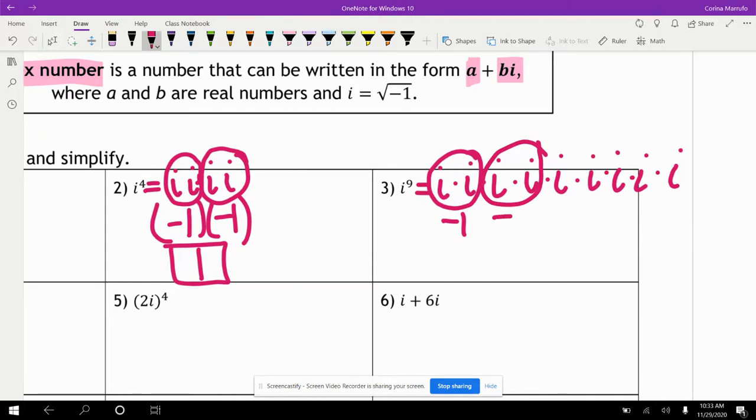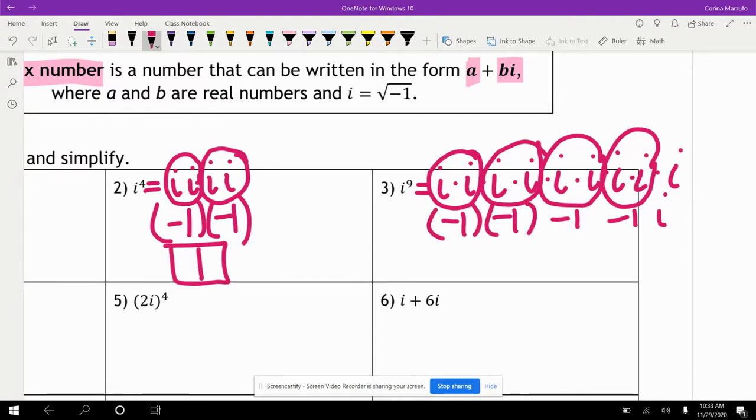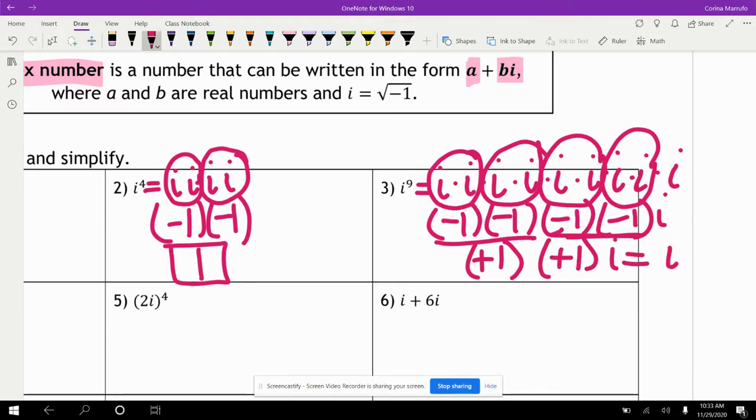This one is also equal to -1, this one is equal to -1, this one is equal to -1, and then we still have an i left over. So -1 times -1 times -1. Well, we know two negatives make a +1, so these two negatives make a +1. So +1 times +1 times i would just give you i. And that's it.